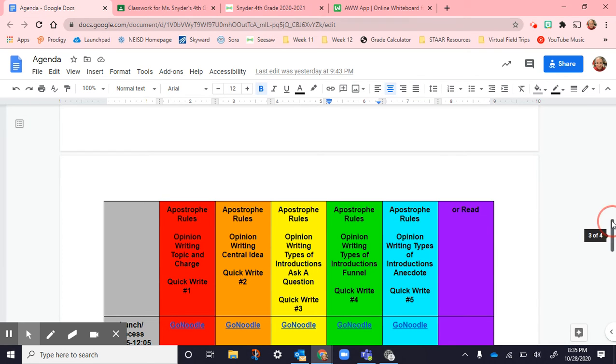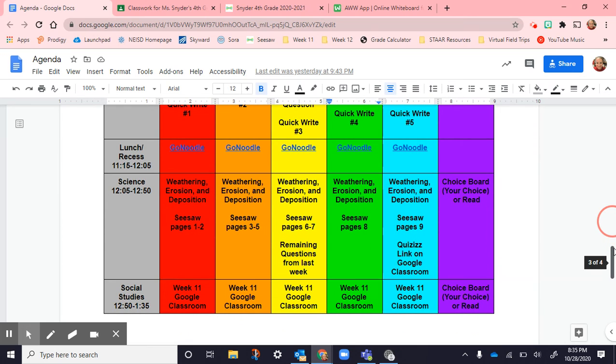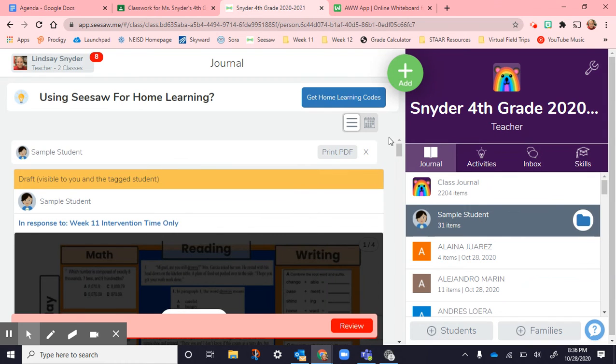All right, then let's go down. We went to lunch and recess. When we came back, we started working with science, continuing weathering, erosion, and deposition.